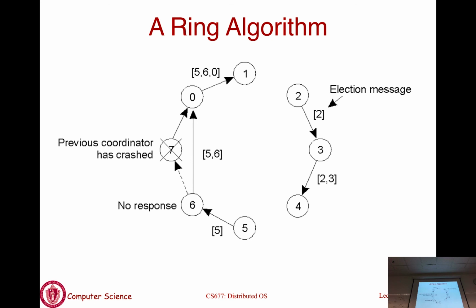You will see that there are 2 times n minus 1 messages, because you have n minus 1 messages for circulating the initial who-is-alive request, then it comes back and you say 6 is the leader, then that message goes around to everyone again saying 6 is the new leader. So you have 2 circulations of the ring, which is order of n. The previous one was order of n square. So it is going to be more efficient than our bully algorithm in terms of message complexity.